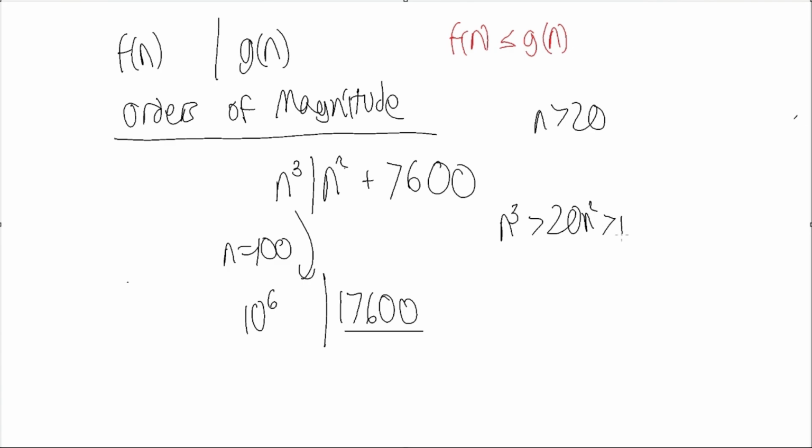And this is greater than n squared plus 7,600 for all n greater than 20. And therefore, because n cubed is greater than this side here, we will run into an issue. Therefore, we must solve the question whenever n is less than or equal to 20.